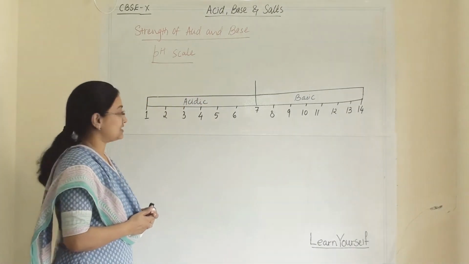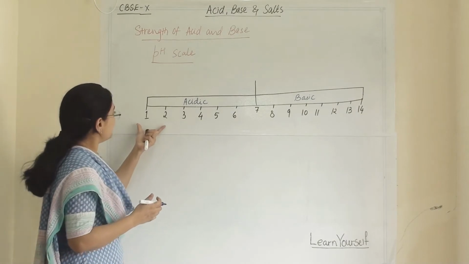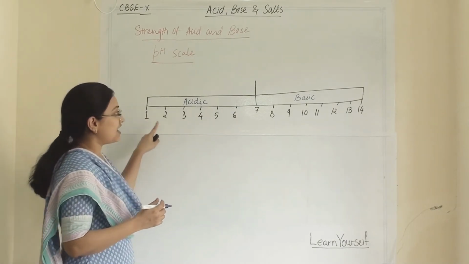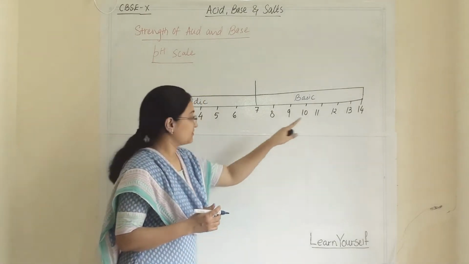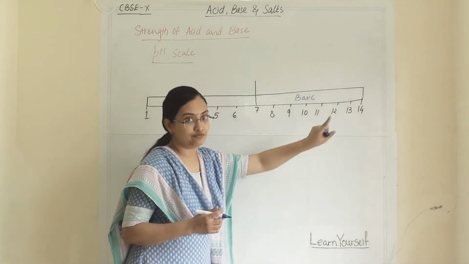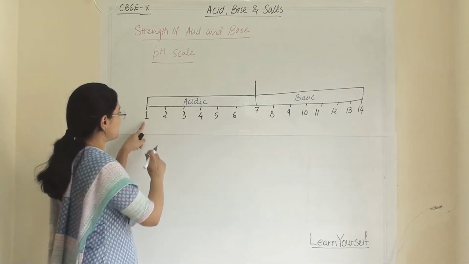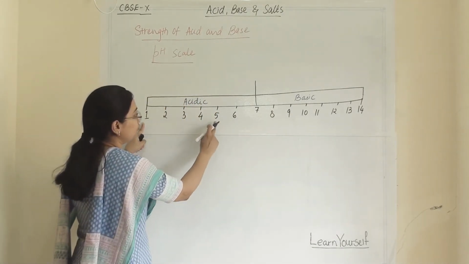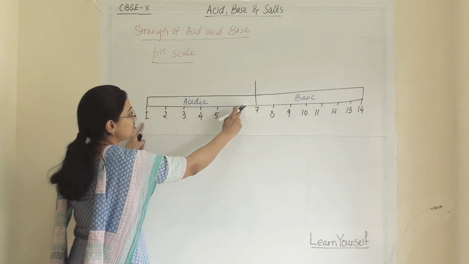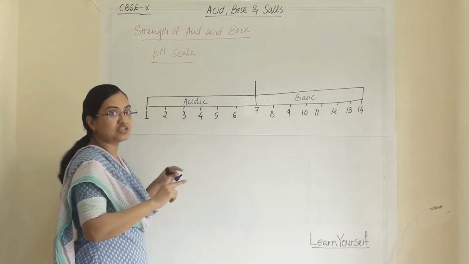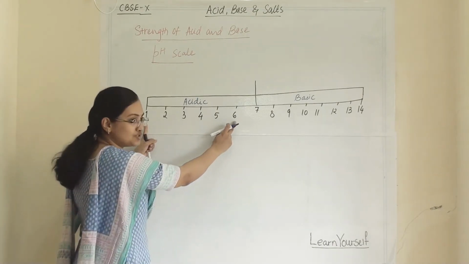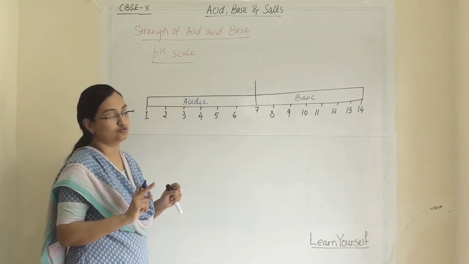Let us study. This is our pH scale, and in a pH scale there are 14 readings. It starts from 1 and ends at 14. From 1, 2, 3, 4, 5, 6, this pH is termed as acidic. That means if your solution's pH is between 1 and 6, it is an acidic solution.